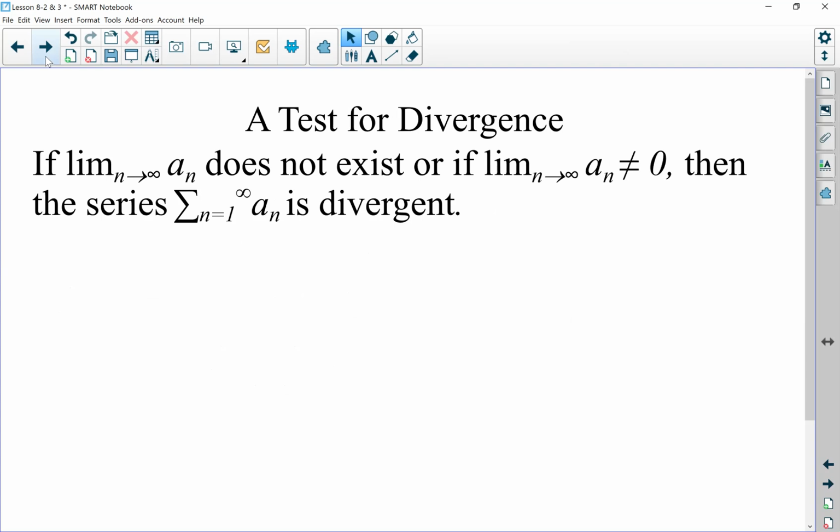All right, so as I said, there is this test for divergence. If the limit as n approaches infinity of a sub n does not exist, or if a sub n does not equal 0, the series is divergent.